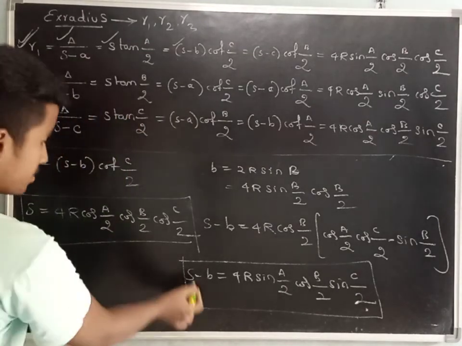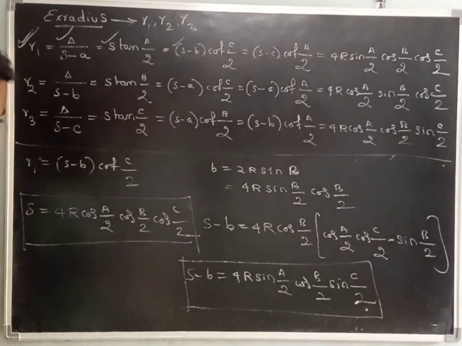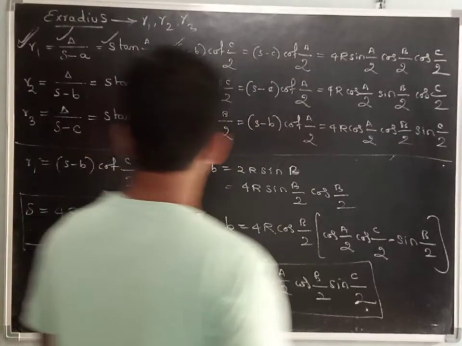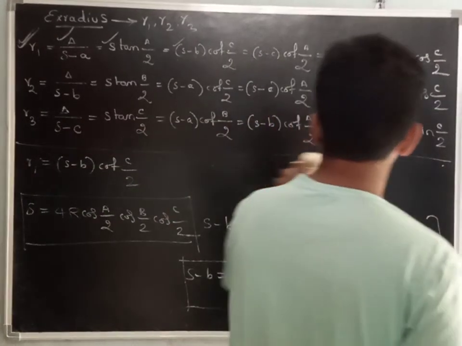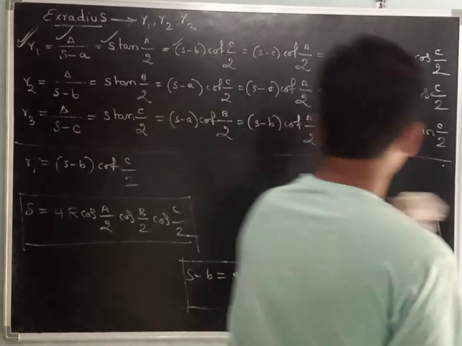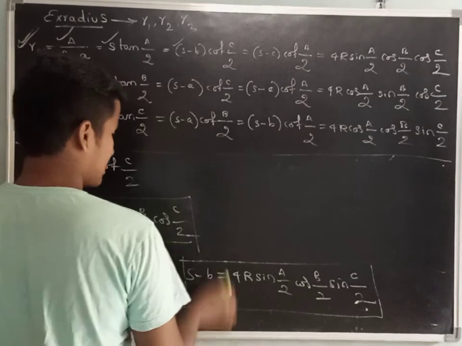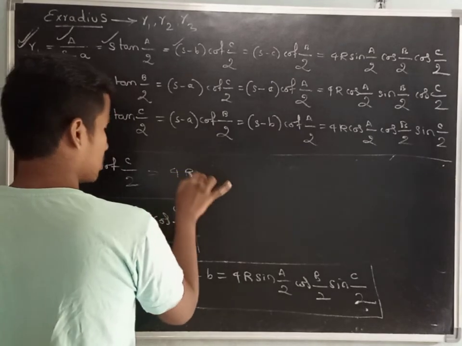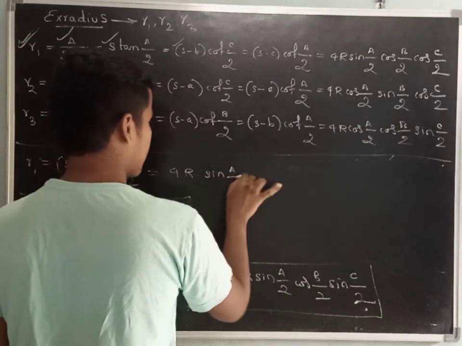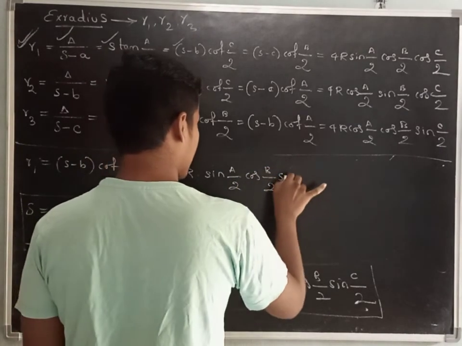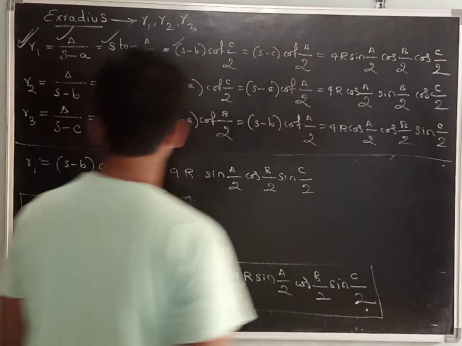Okay, let me substitute this here, s minus b into cos c by 2. So here s minus b is equal to 4r into sin a by 2 cos b by 2 into sin c by 2.